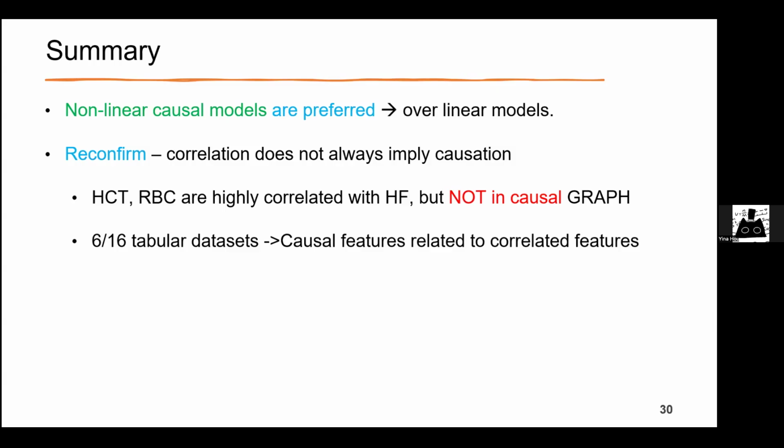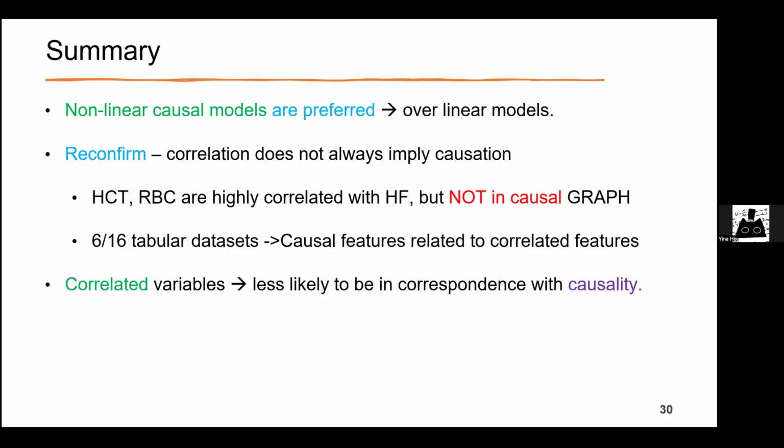And for general tabular datasets, only 6 out of 16 tabular datasets support causal features related to correlated features, which is not general, showing the correlated features are less likely to correspond with causality.